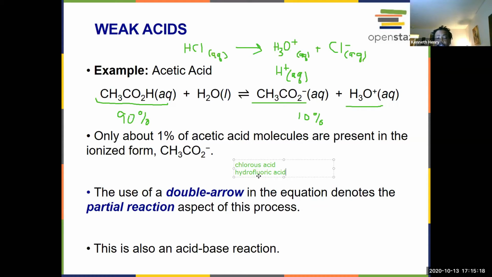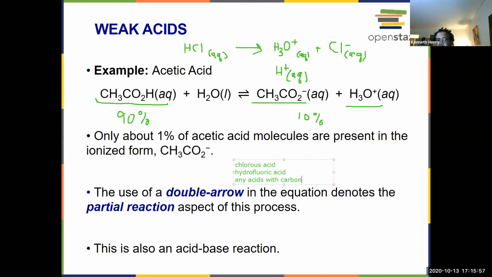Usually anything else that has "ic" is going to be a strong acid. Like chloric acid is a strong acid. Bromic acid is a strong acid. Hydrobromic acid is a strong acid. And then I told you any acids with carbon are weak acids. Carbonic acid. Acetic acid. Ascorbic acid.